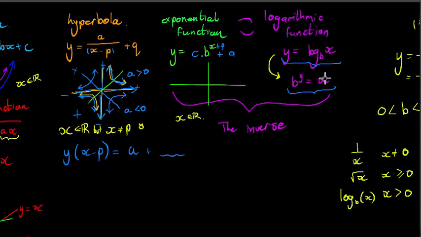Okay, so if x is negative, what is happening on this side to give me a negative answer? What exponent? Remember, b cannot be negative. So that means the exponent is... what does a negative exponent mean? Divide. Does it change the sign at all?